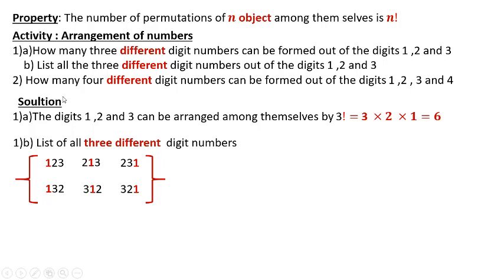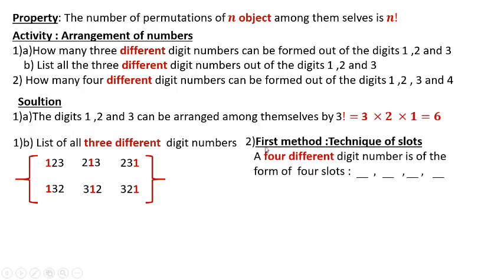Complete. B. How many 4 different digit numbers can be formed out of the given digits 1, 2, 3, 4? In part 2, we have 4 digits. First solution, which is very important, technique of slots. We may consider a 4 different digit number as a form of 4 slots: first, second, third, and fourth. Now listen to me carefully.